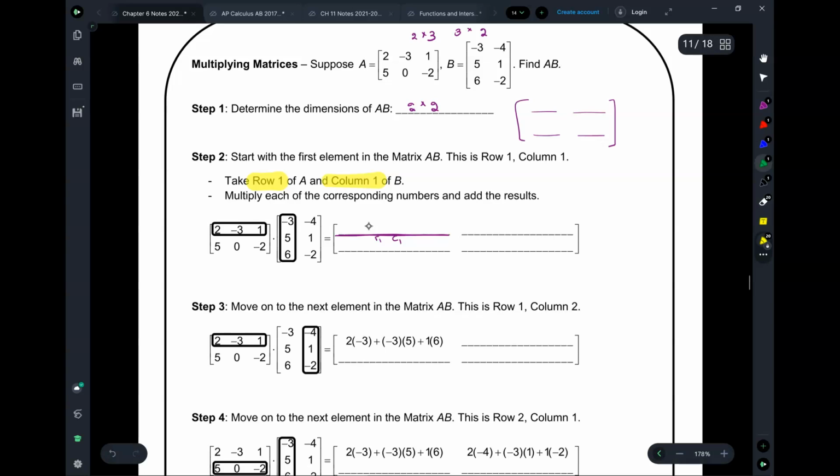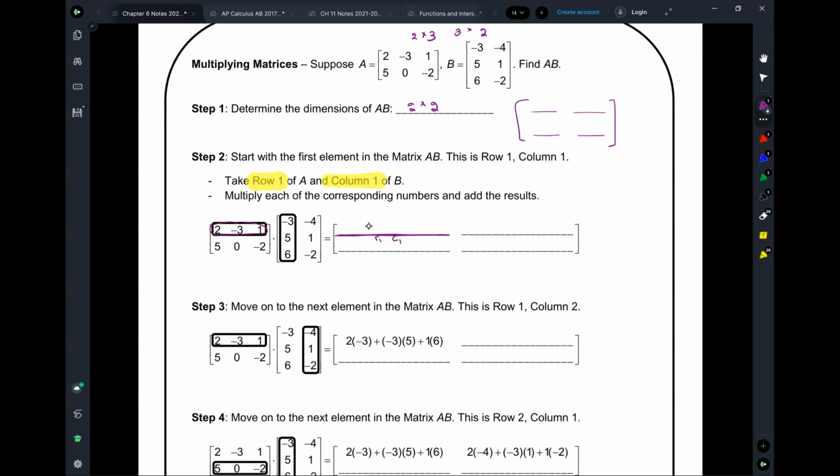Row 1 of the first matrix, column 1 of the second matrix. How many elements are in row 1? How many in column 1? 3, right? They have to be matching. If you do it properly, they're always going to match.